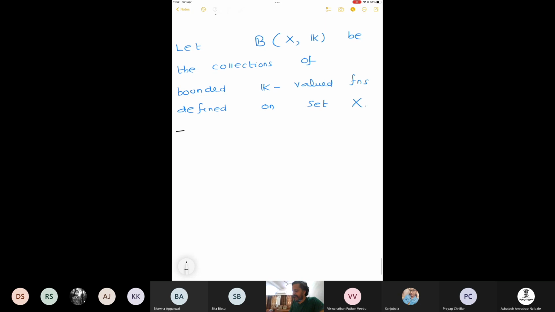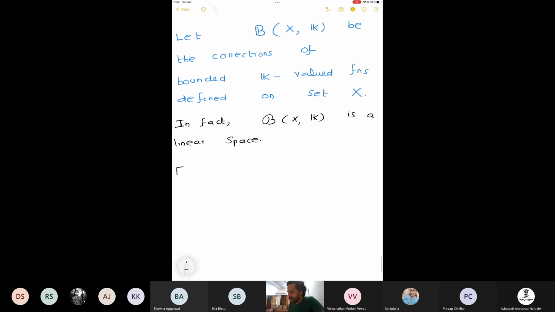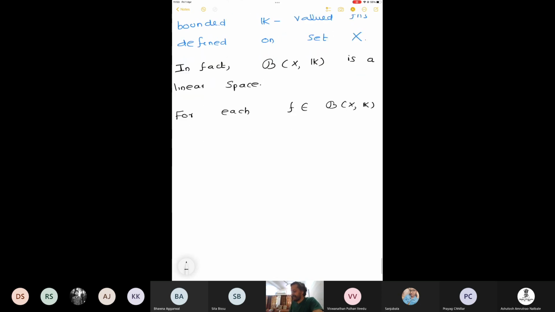In fact, B(X, K) is a linear space. As you know, once I have a linear space, I am interested to see whether I can quantify vectors in it, whether I can talk about length. For that, for each f in B(X, K), I'm going to define a norm.